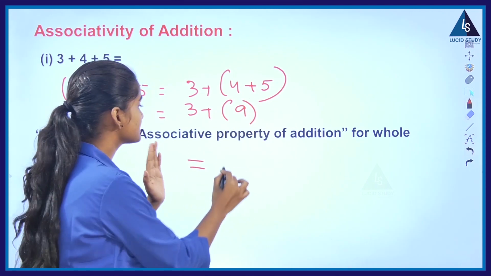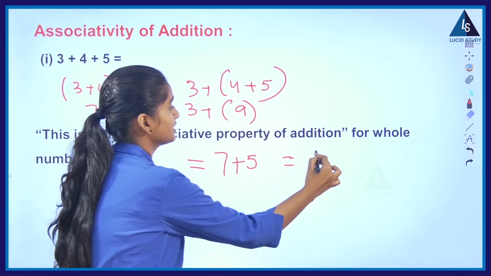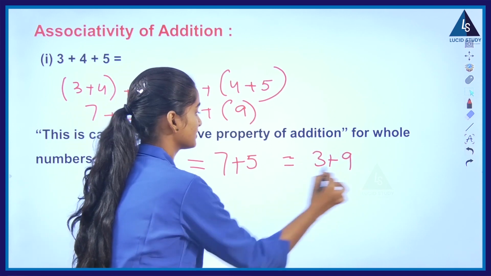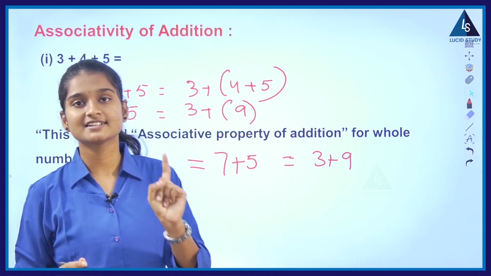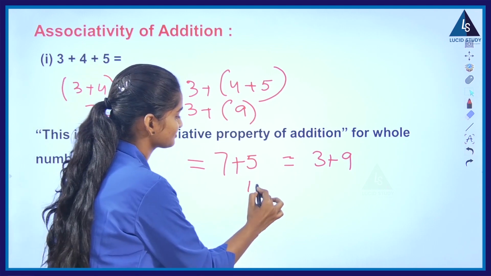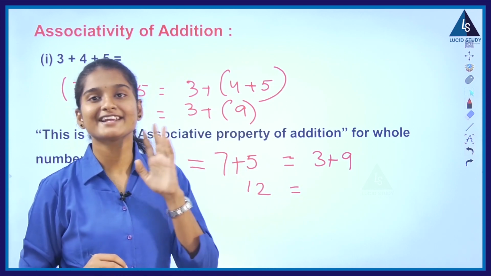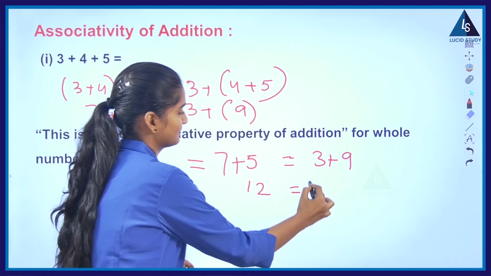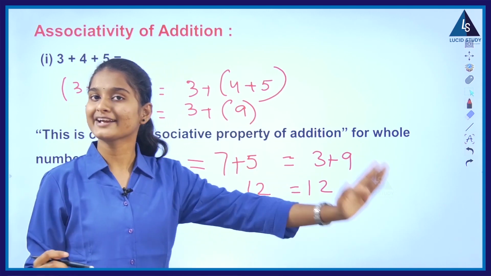Children, we got 7 plus 5 is equal to 3 plus 9. What is 7 plus 5? 7 plus 5 is equal to 12. What is 3 plus 9? 3 plus 9 is also 12. So children, LHS is equal to RHS.